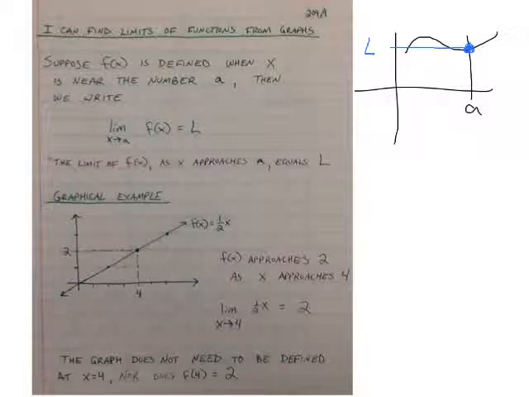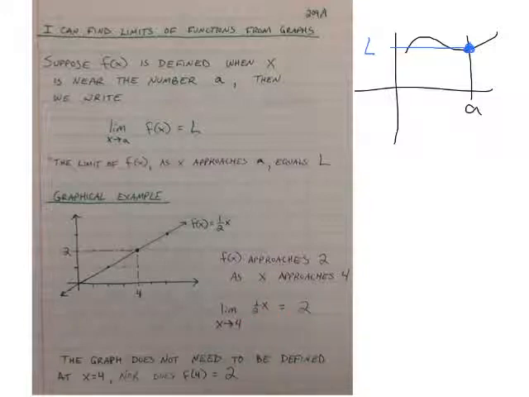We've got the function f of x equals 1/2 x, and as x approaches 4, the function approaches 2. So f of x approaches a value of 2 as x approaches 4. So the limit as x approaches 4 of 1/2 x is 2.